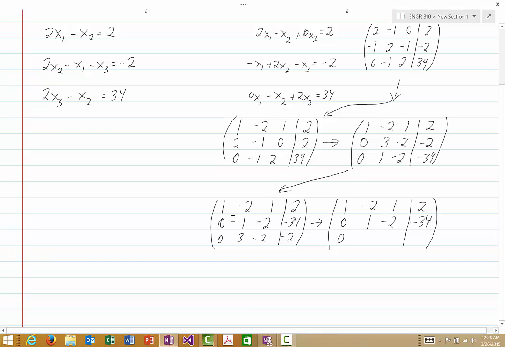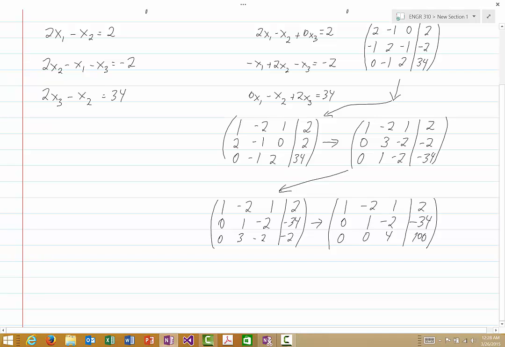When I multiply this 1 by -3 and add to this 3, I'll get 0. When I multiply -2 times -3, I'll get +6, and add down here, 6 minus 2 is 4. And -3 times -34 will be 102, and add that to here, and we just have 100.